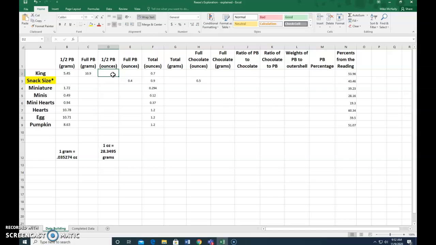We're going to get a kind of small number, and so it's going to be equal sign, this number, that cell, 5.45, B2, so that's the number that is in B2, and we're going to say times, that's the asterisk again, and we're just going to copy this, 0.035274, enter, and that's how many ounces equals 5.45.